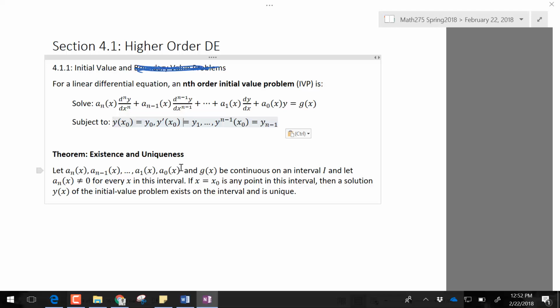Sometimes you're not guaranteed to even get a solution, and we'll see that for boundary value problems, you might not get a non-trivial solution. But if you have an initial value problem set up like this, then you're guaranteed one solution. Exactly one. That's the uniqueness part. So the existence part means you're guaranteed a solution. The uniqueness part says that you have one and exactly one solution.